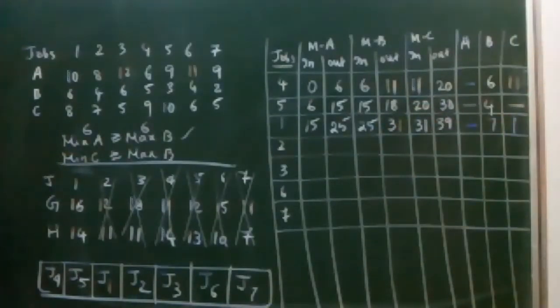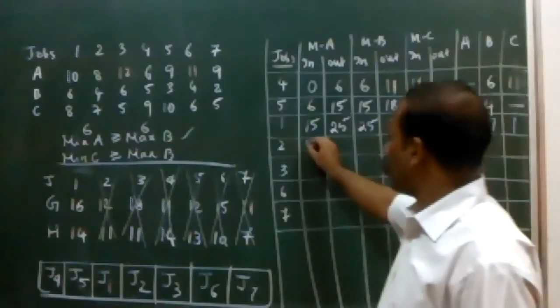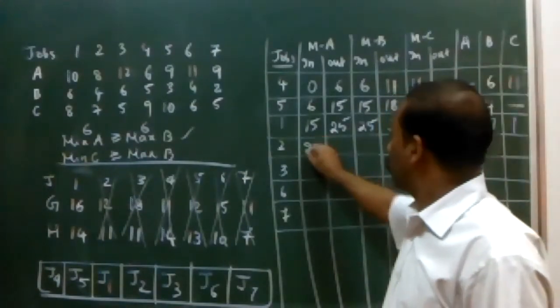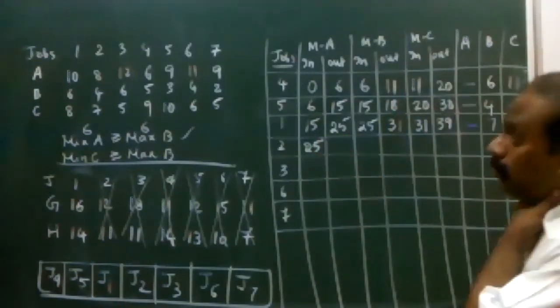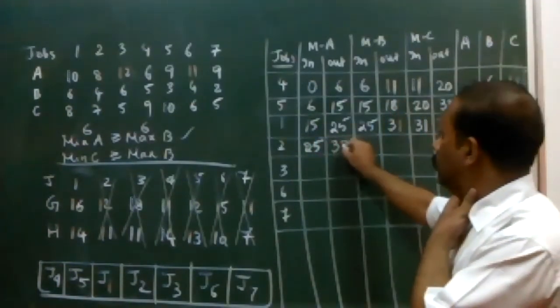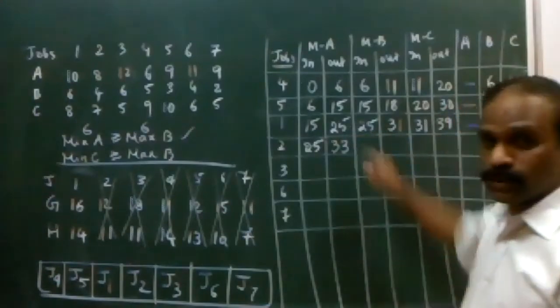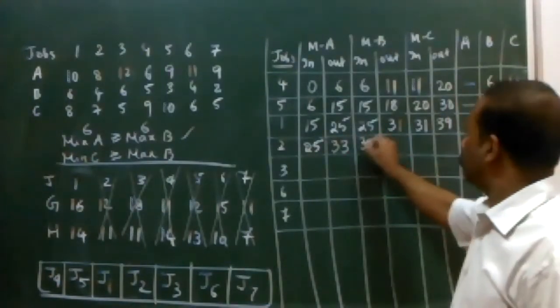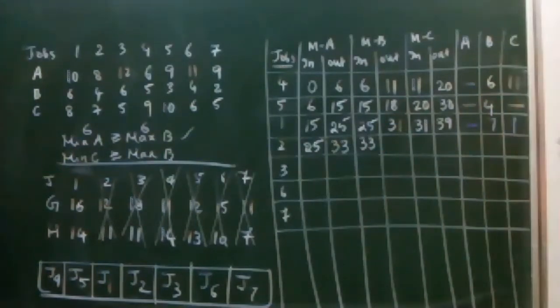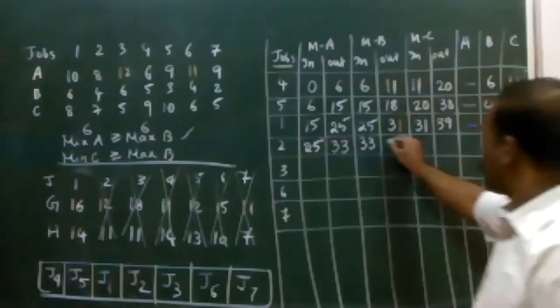Now we'll come back to job number 2. What time does it start? 25. What time does it complete? 33. Here, what time am I supposed to start? 33. And what time does it complete? 37.